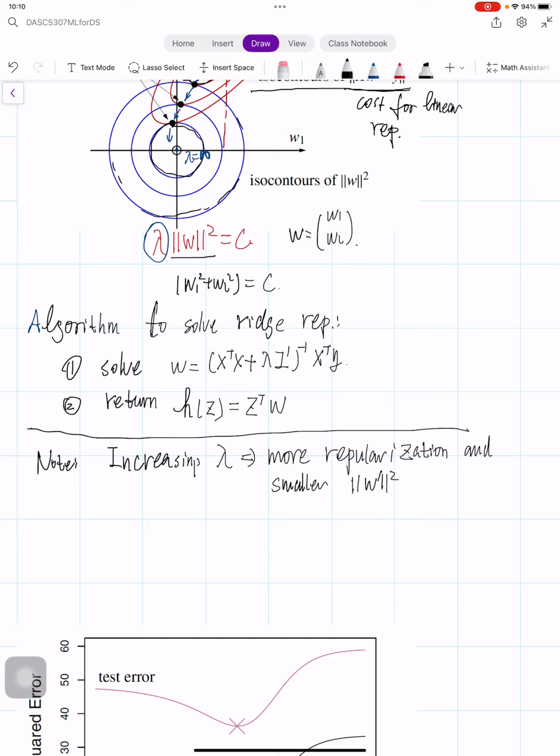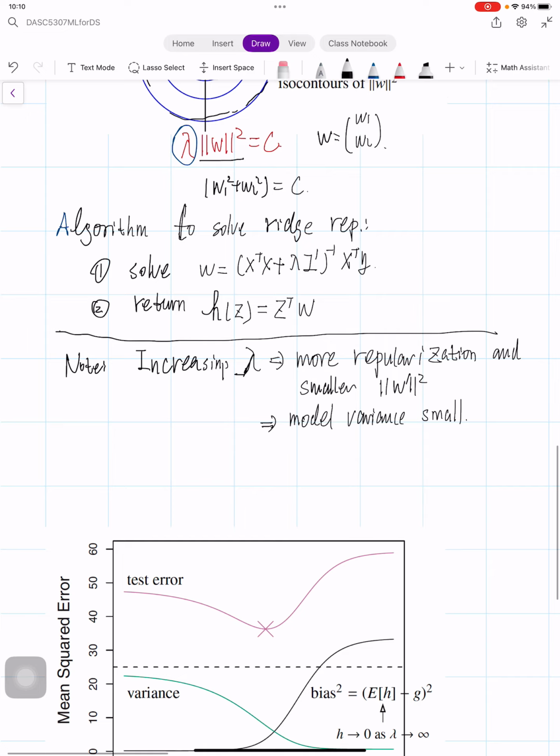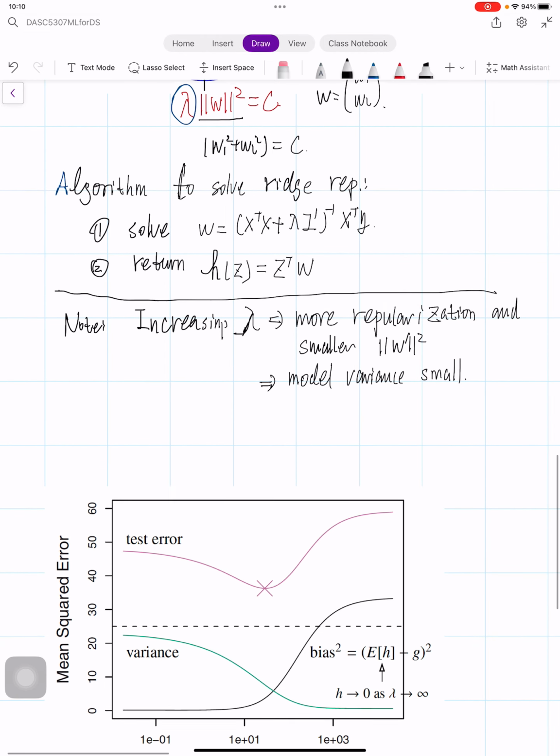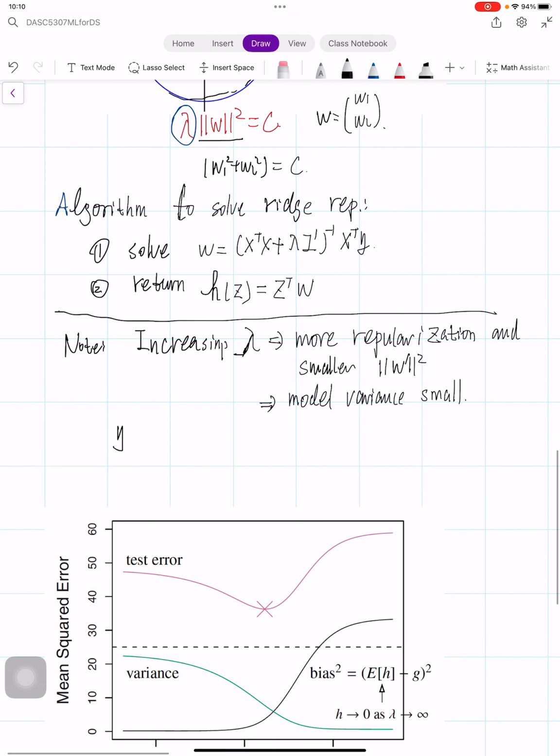And why does this reduce the model variance? This implies the model variance will be smaller. This is because our linear regression is like y equals X times w plus some error term, right?